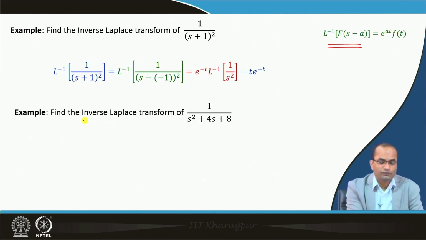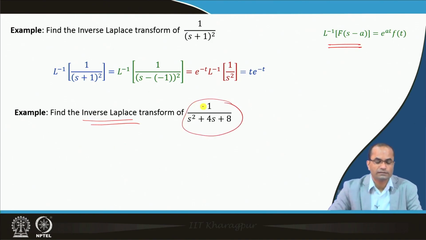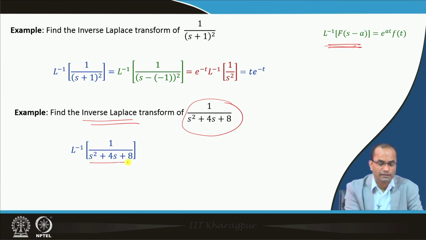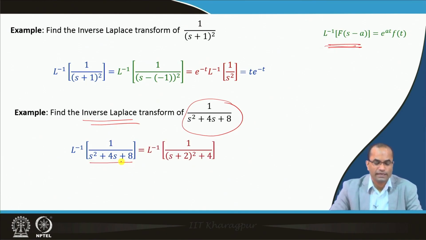For instance, we want to find the Laplace inverse transform of 1 over (s squared plus 4s plus 8). This also can be handled in a similar fashion, where s squared plus 4s plus 8 is nothing but (s plus 2) whole squared plus 4.